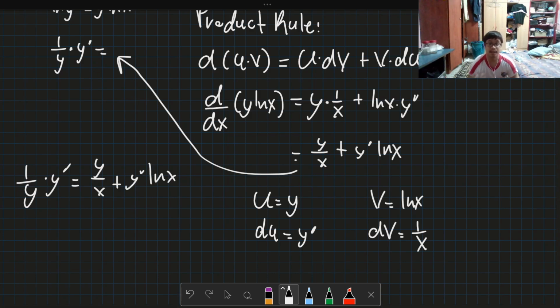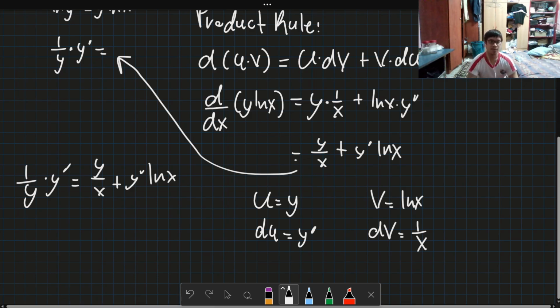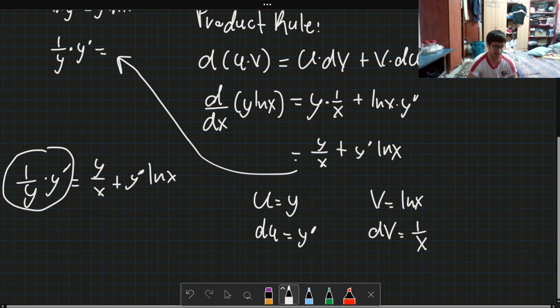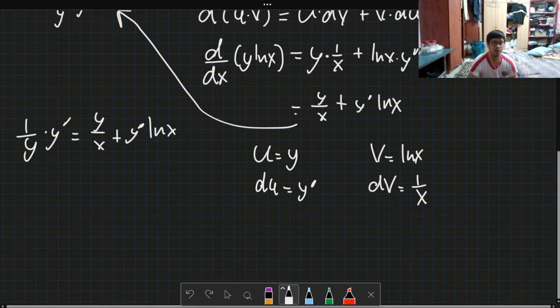That's it. Now we're going to find our y prime, because after we get the derivative, just like in implicit differentiation, we solve for y prime. In other words, make y prime alone. First, let me multiply this one: 1 all over y times y prime is y prime all over y. Then let me copy this.